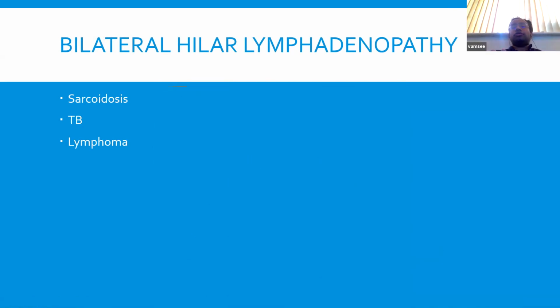You can also have other causes, TB based on where the patient's history is from, which can present as unilateral or bilateral. Malignancy can also be a cause, specifically lymphoma, which can present as bilateral or unilateral. I haven't gone through any significant detail, but there are different differential lists looking at unilateral hilar lymphadenopathy versus bilateral hilar lymphadenopathy.